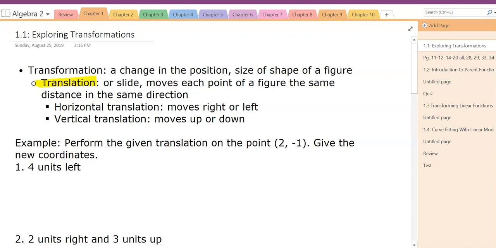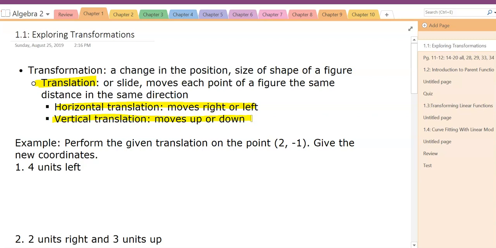Think about your horizon. Your horizon on the x-axis would be that line that goes left to right. The vertical would be going up and down, so that's your y-axis. So if you're moving it up on the y or down on the y. These are the two different types of translations that we can have.